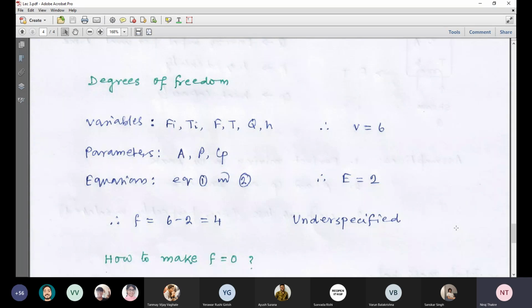No answer. 10014. Yes, sir. Yeah. How to make F equal to 0? You answer at least. It may be wrong. Okay. Try to answer. How to make F equal to 0? Any clue, any hint can you give us?